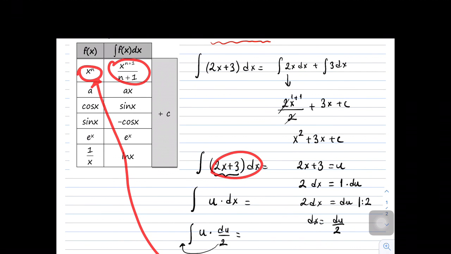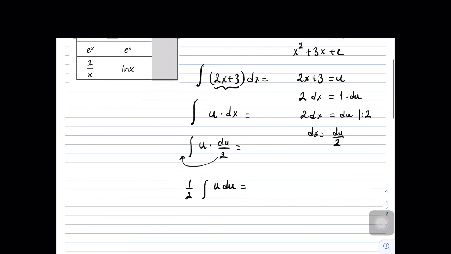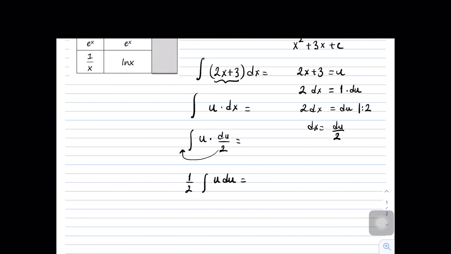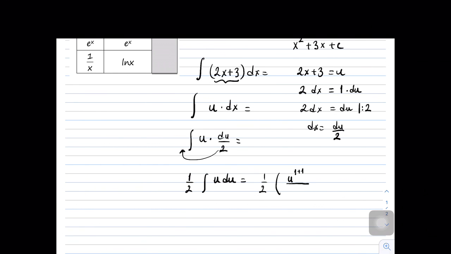Isn't it the same? I used the method to bring the rules. Okay, I knew that rule now. It is equal to 1 over 2 times u to the power of 1 plus 1, divided by 2, plus c.